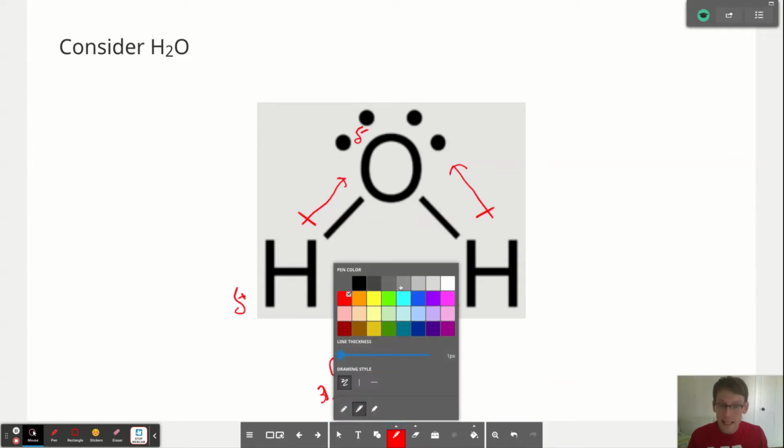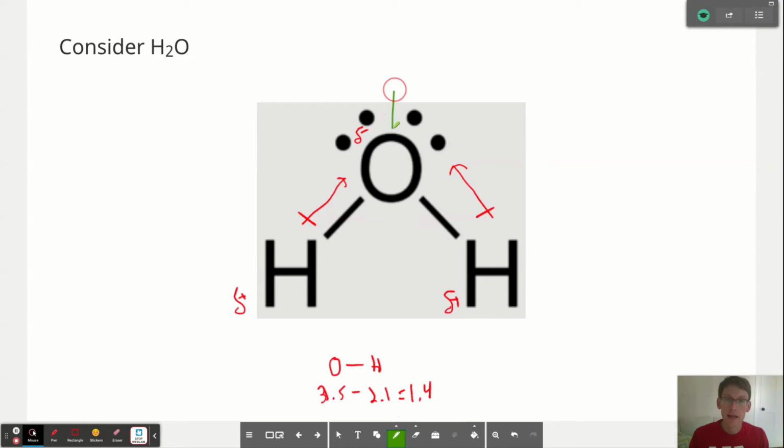And so our net dipole moment, I'm going to draw in green, and the net dipole moment is this. So this is our net dipole moment.